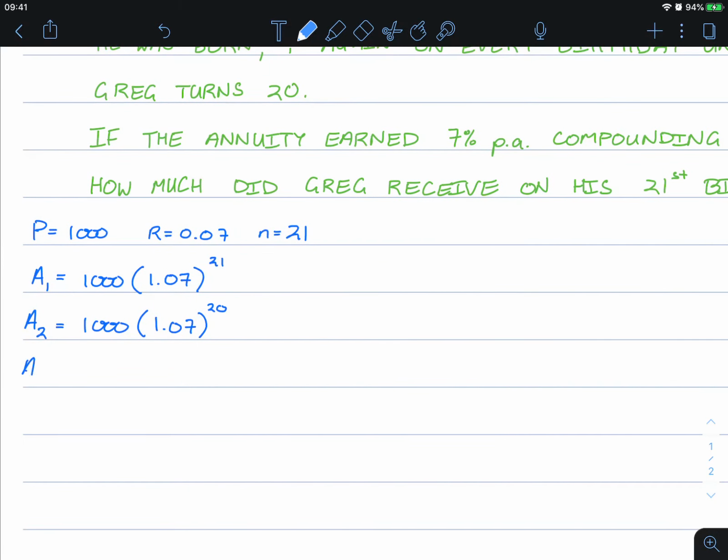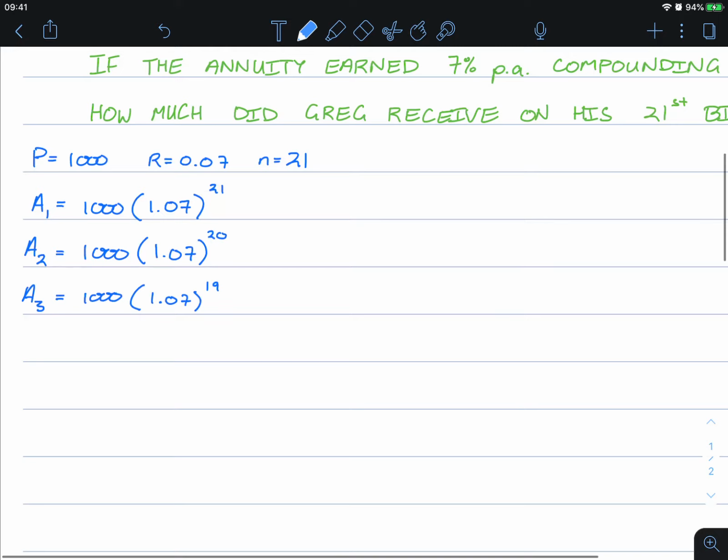We can do for the third year, it's 1,000 times 1.07. This one will only go for 19 years, and this will continue until we have the 19th investment.